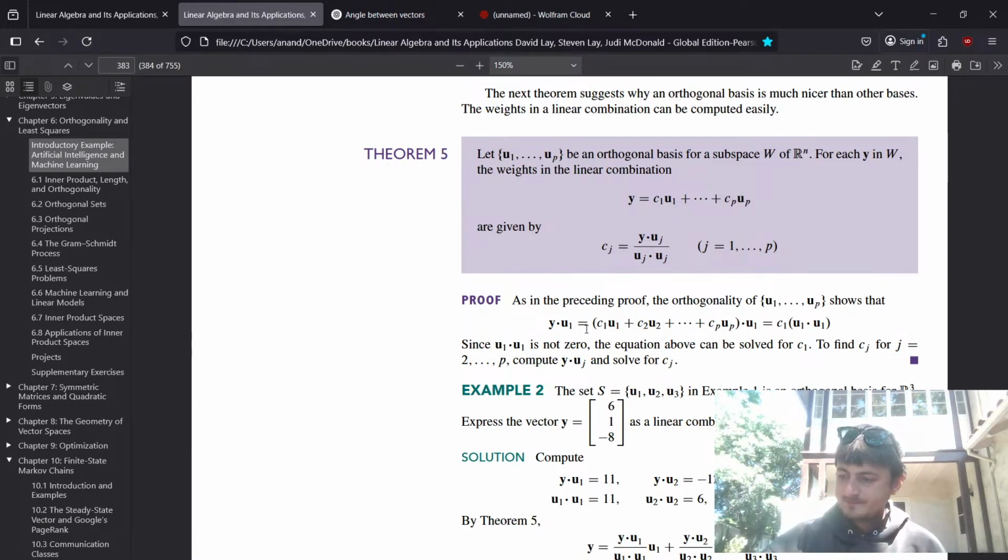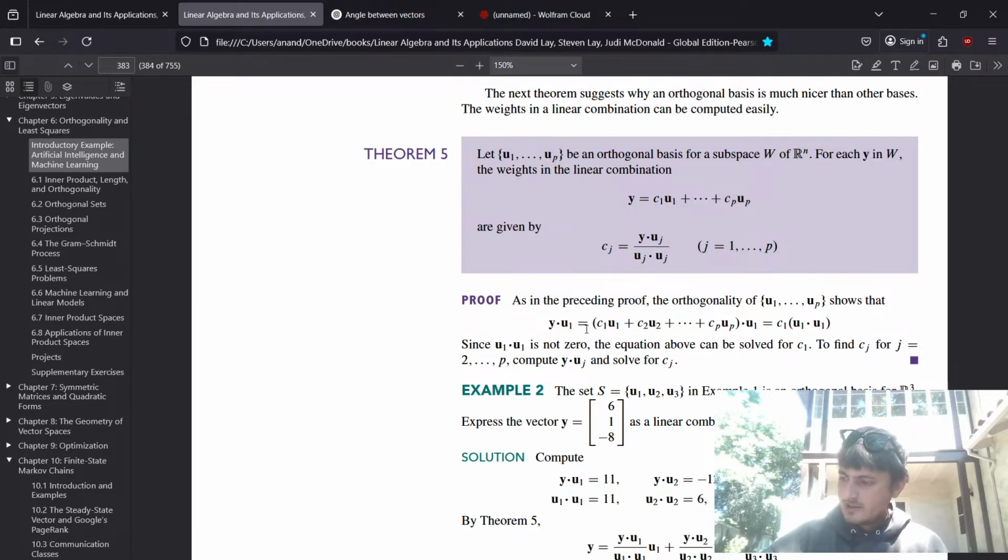6.2, orthogonal sets. If u1 to up is an orthogonal basis and y is equal to the sum of ci ui, then it's easy to find the weight ci, because we take y dot uj equal to the sum of ci ui dot uj, then all terms go to 0 except the one where i equals j.